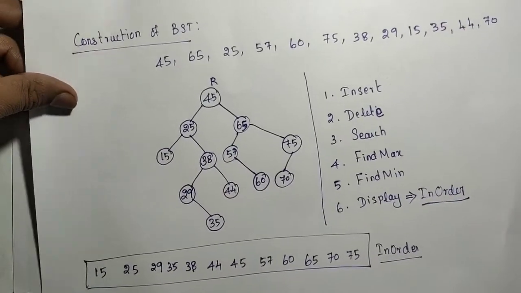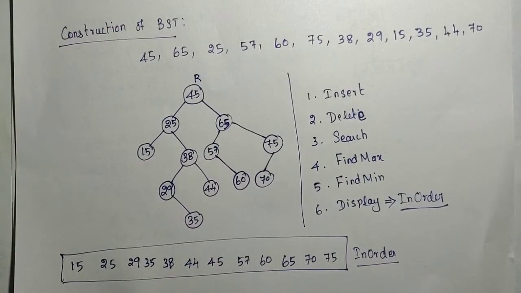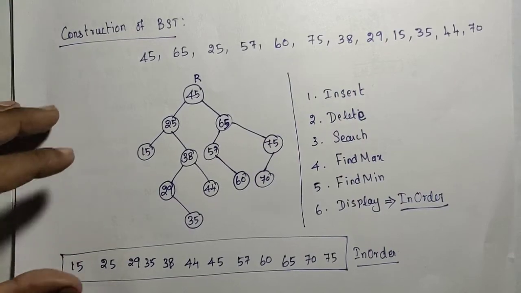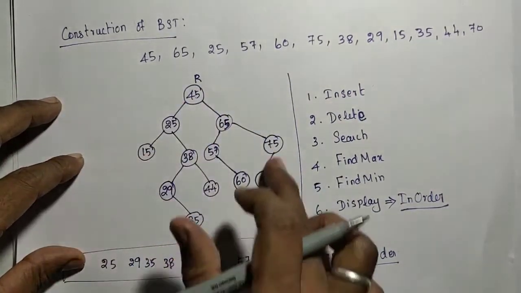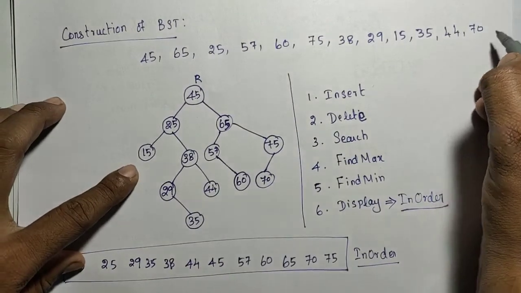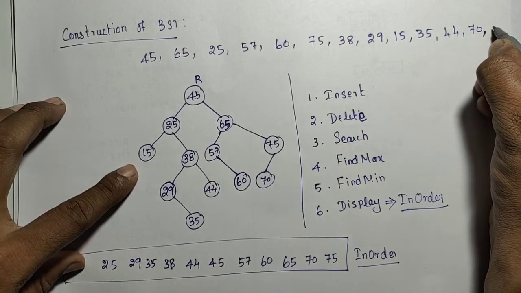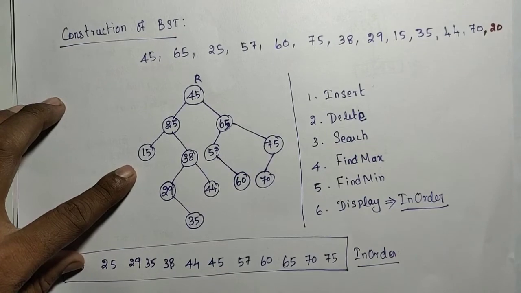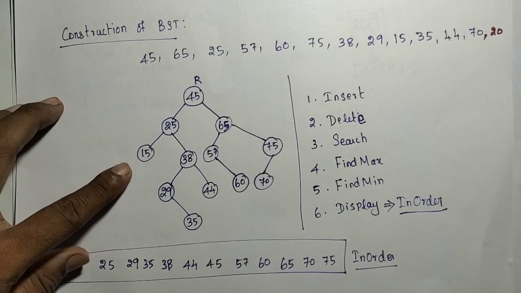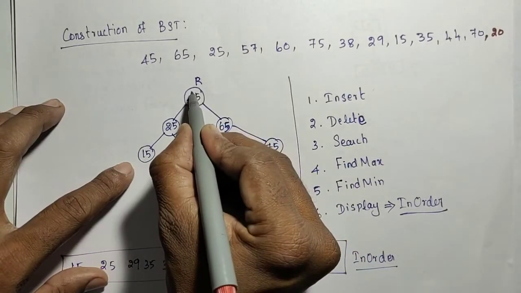Now consider the method we are going to use if the tree is not empty. For example, this is an existing tree. Suppose you want to add one more element, say 20. Usually we need to start the searching from the root node.